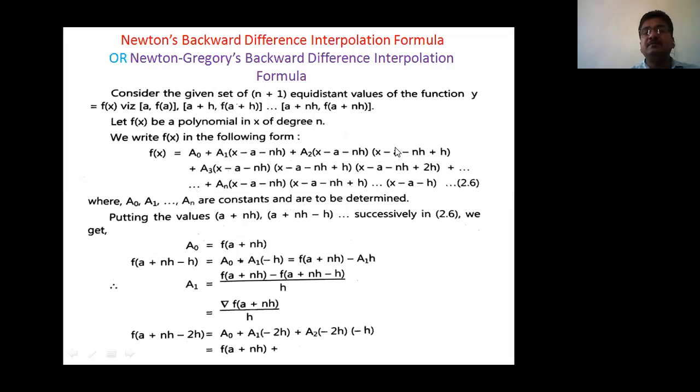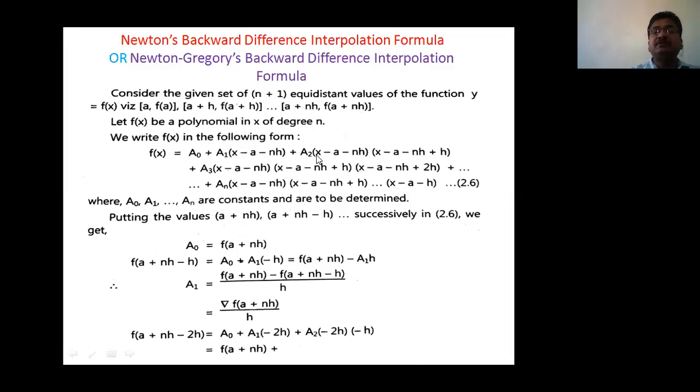The previous point is obtained by subtracting h from a plus nh, so a plus nh minus h is the previous point. After the effect of the negative sign, we have x minus second last point, in brackets a plus nh minus h.